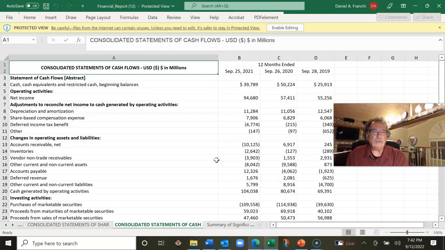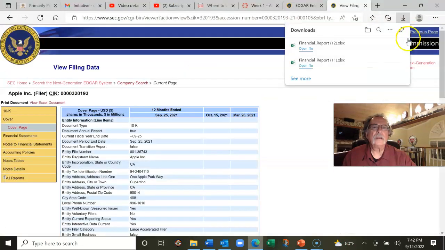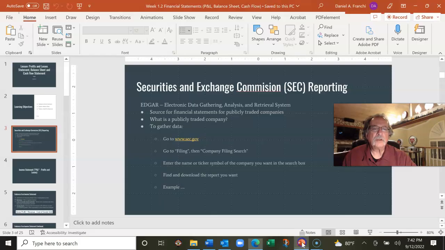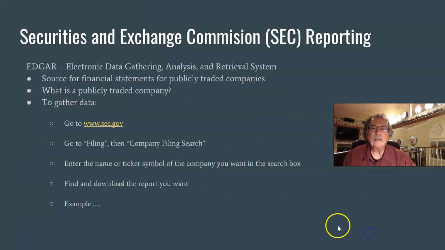This is the way you get your information and pull it from the SEC website. Close this out. Let me go back to our presentation here. And so what we want to get is that Excel spreadsheet, and then you can tinker with it and manipulate it all you want.